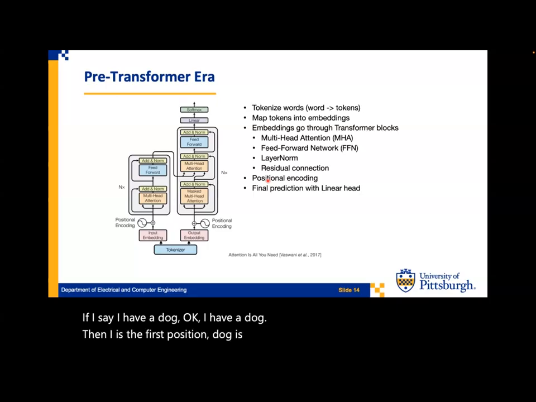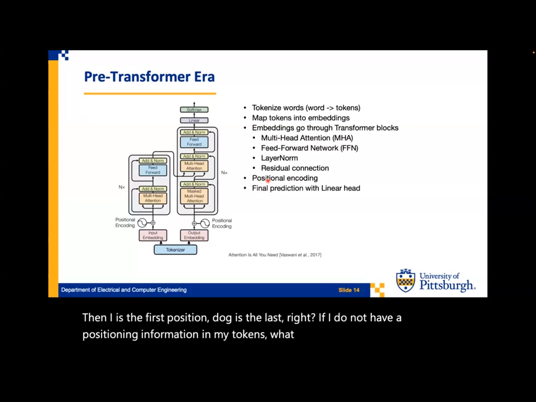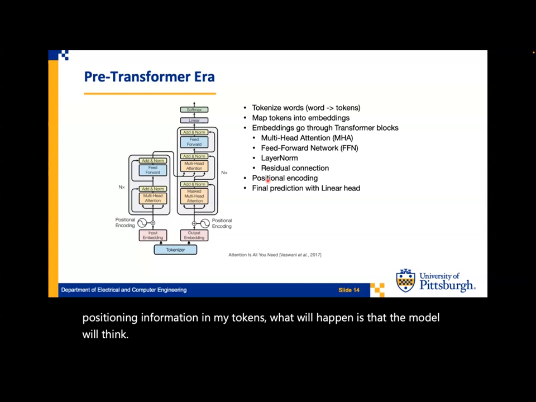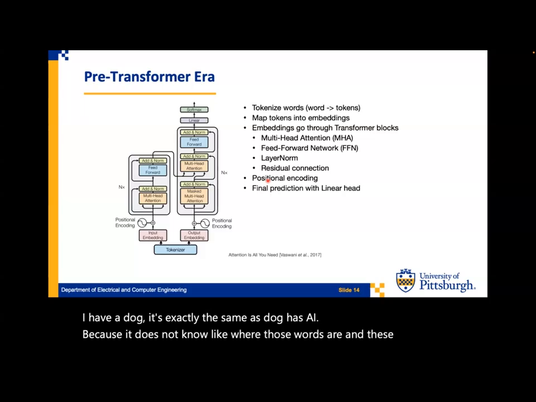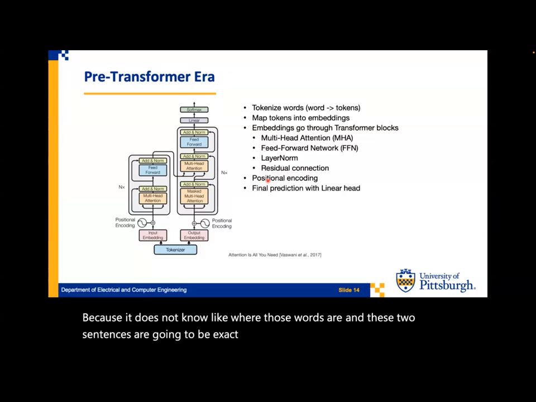If I do not have positional information in my tokens, the model will think "I have a dog" is exactly the same as "dog has a I," because it does not know where those words are. These two sentences look exactly the same to the model. Does that make sense? So that's why we have positional encoding.